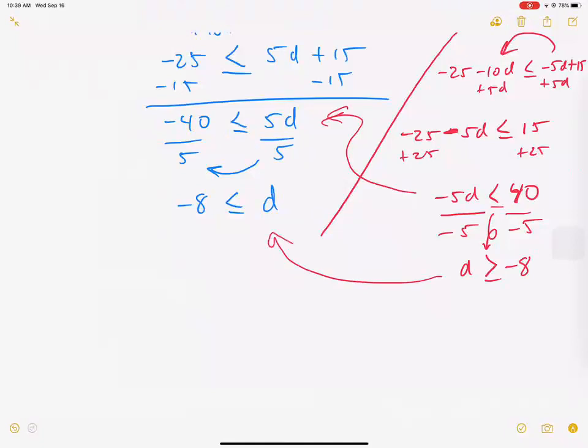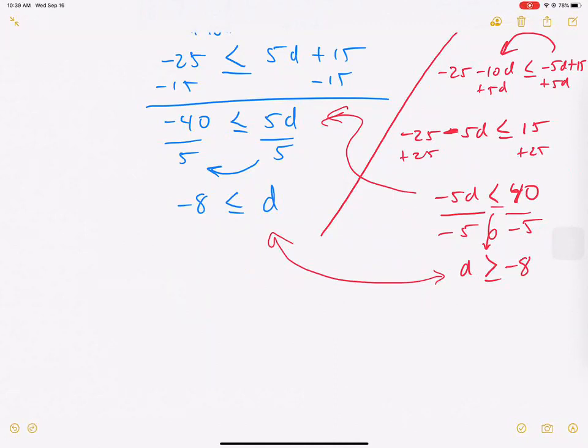Are these two the same answers? Take a look here. D is greater than negative 8. Yeah, the same answer. Though they're written in a different order, that inequality took care of it and still followed it along.